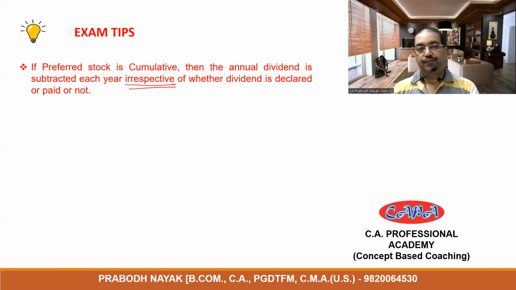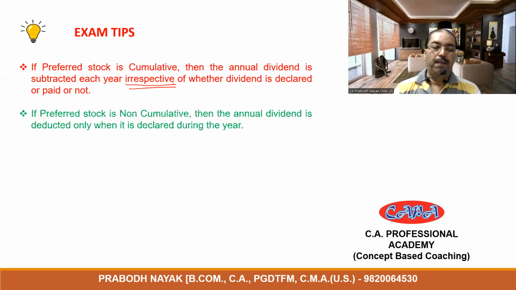Why? Because they are cumulative, they are entitled to the dividend. You are not paying in the current year, but it will be paid someday out of the profits. So if the preferred stock is cumulative, then whether the dividend is paid or not paid, you have to subtract the dividend.